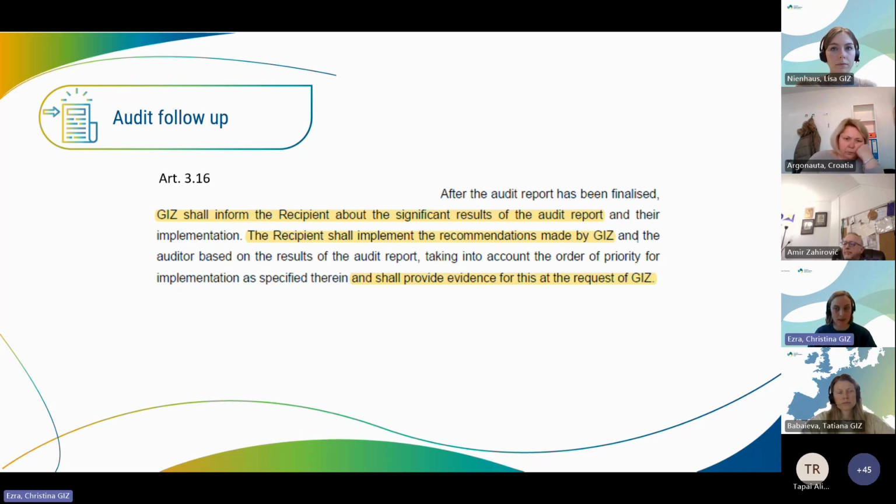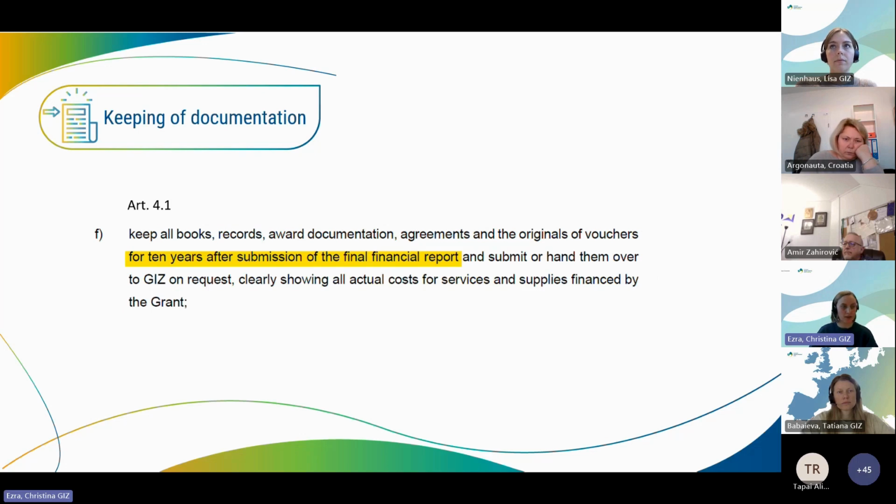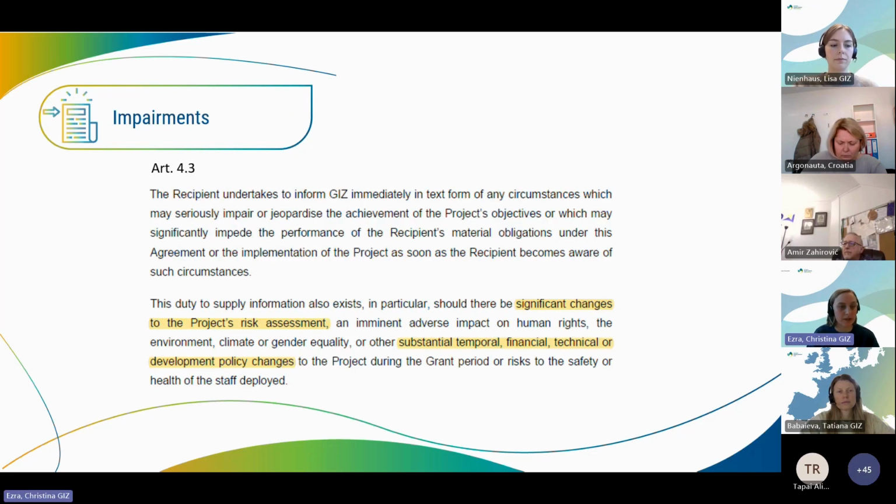And next up is the keeping of documentation. Actually, this article speaks for itself. You have to keep all the documents regarding your project for 10 years after the submission of your last financial report. Next up is impairment.